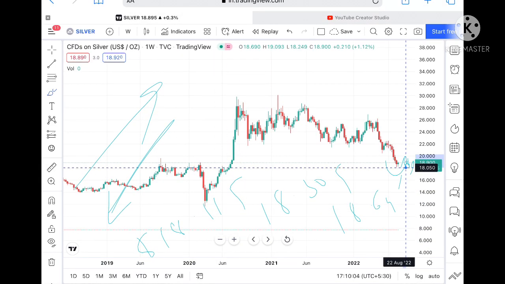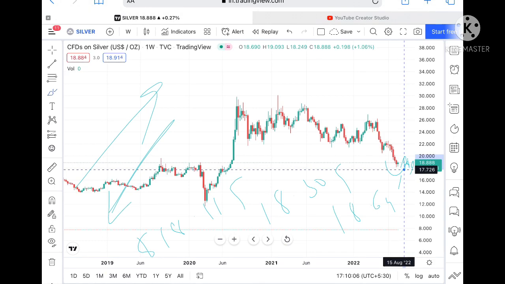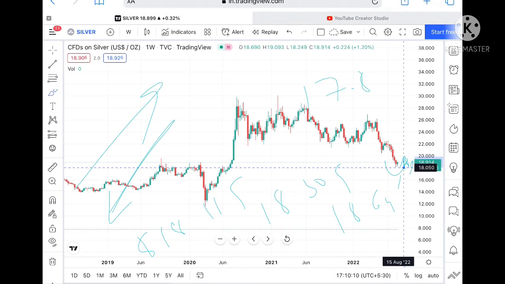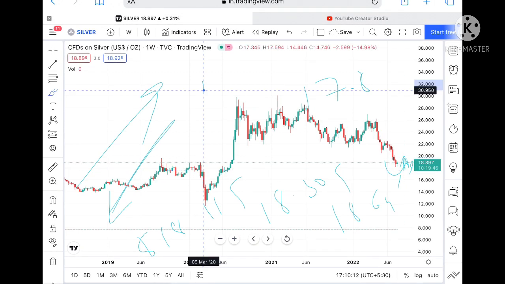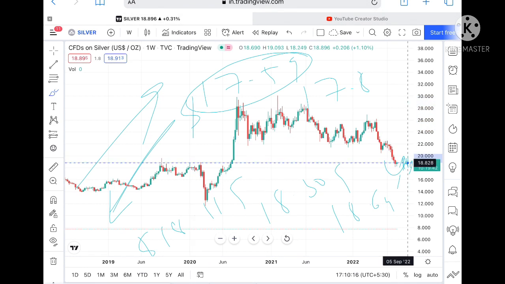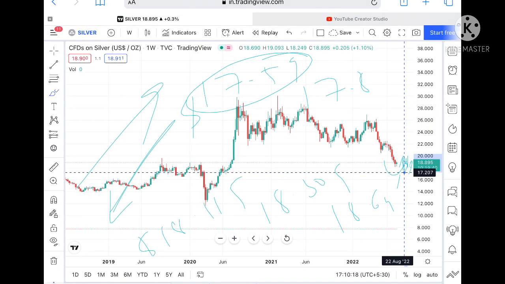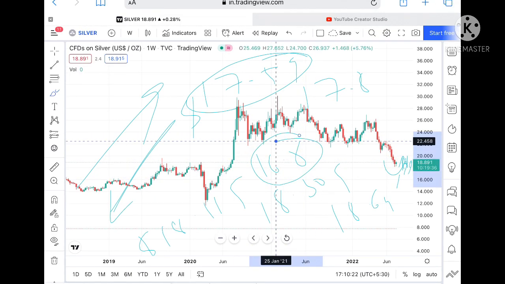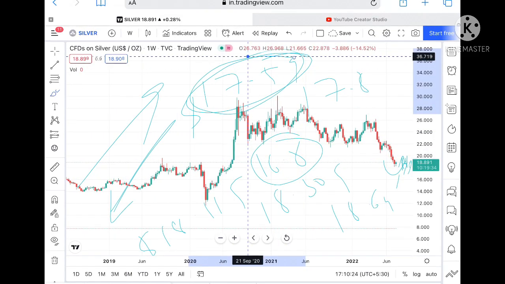If the price goes below that level, it can fall further and touch $17.8, and from there fall towards $17.59. Once the price goes below that level, the probability of touching $16.8 is very high.